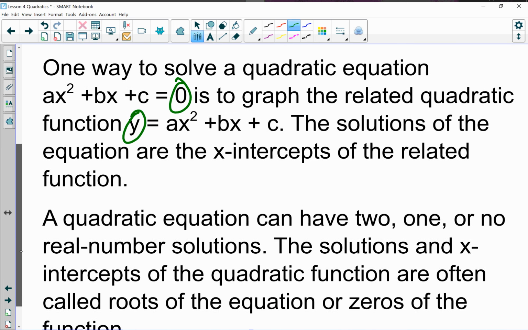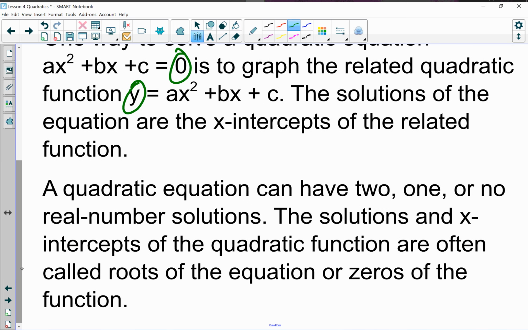And so what we're looking for is those what we call x-intercepts, where it crosses the x-axis, right here. And they have some different names, they're also called roots. So you want to pay attention to these different names because they can be interchangeable. So we have x-intercepts, because that's where they cross the x-axis.